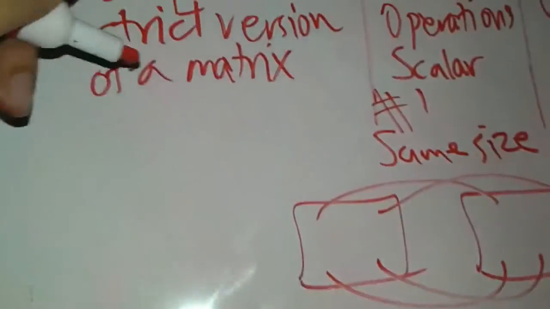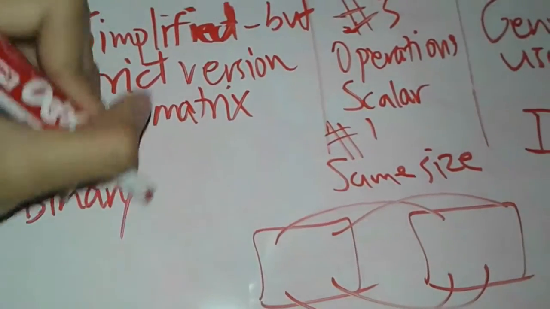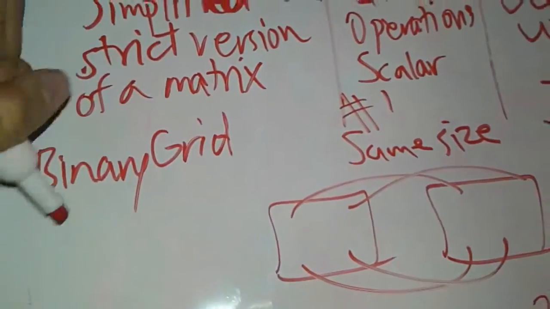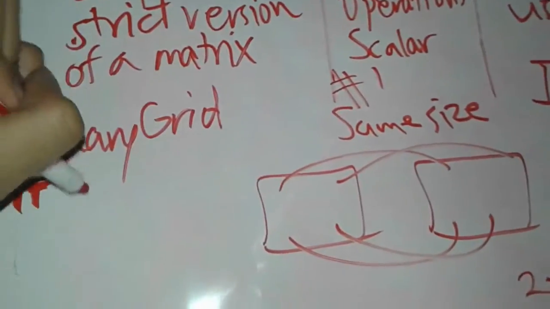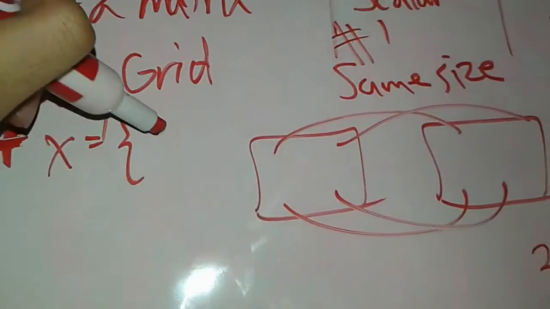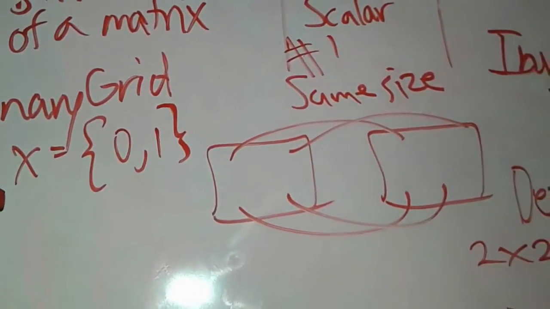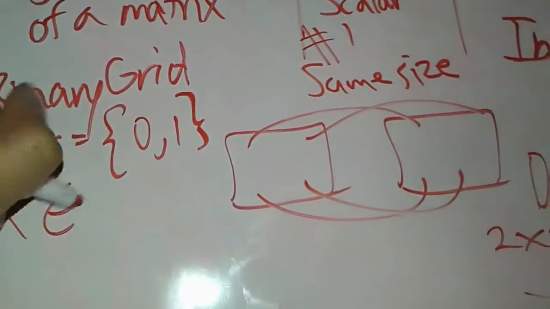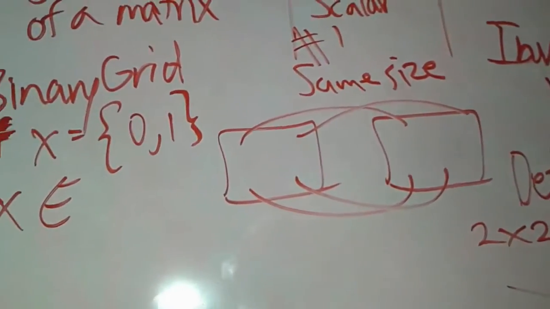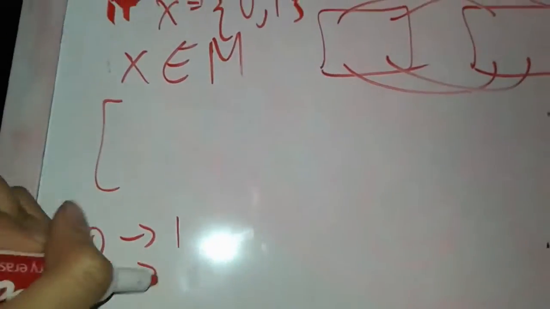The grid's inverse is when we're dealing with a binary grid. So this is when x, so the possible values of this x, which are the slots, the possible outputs, are 0 and 1. And that we know that, of course, x is in this grid or matrix M. And then we can find the inverse by switching 0 to 1, 1 to 0.